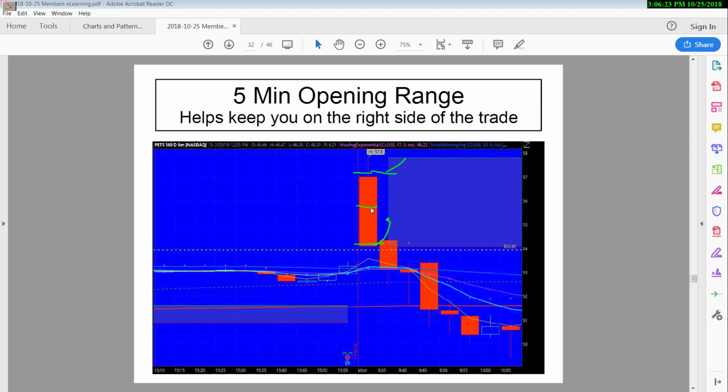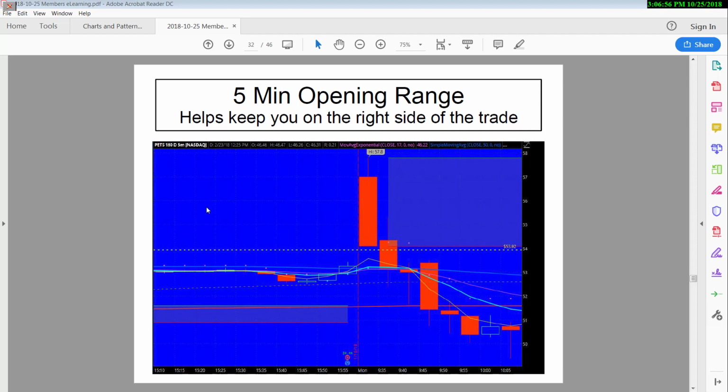Now, when I say quote safest, that run from 54 to 57, that $3 could be your profit. It could go all the way up there and then tip its nose on the other side and then crap out on you. Well, you don't look so smart there when your stop is at 56 and you lose $1 a share. So it's not always the safest, but it does make the stock prove that it wants to go higher.